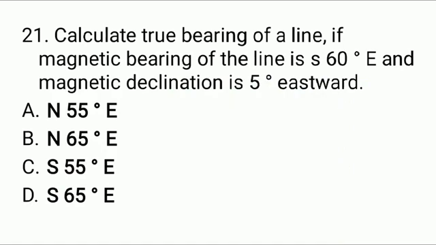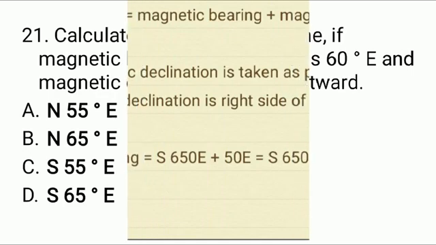Next question. Calculate the true bearing of a line if the magnetic bearing of the line is south 60 degree east and the magnetic declination is 5 degree eastward. So here I have the solution.